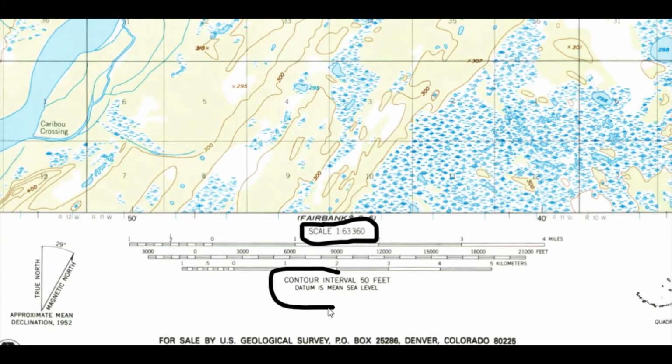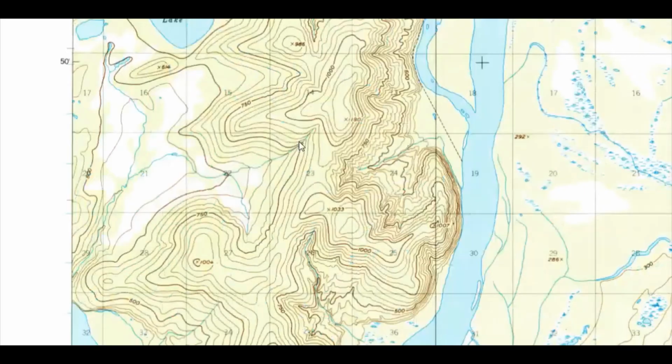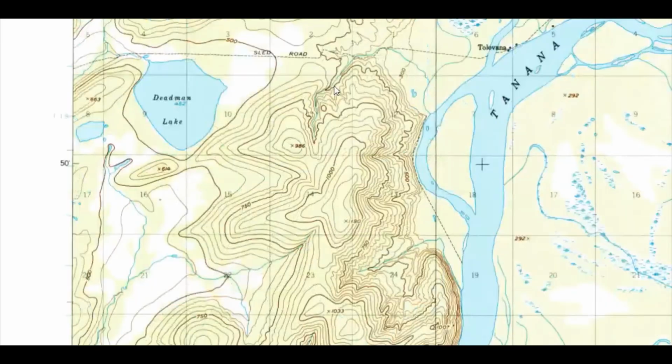Also down here, notice that we have our contour interval is 50 feet. We're going to talk a little bit more about that right now. Let's just go ahead and take a look at part of our map. Over here, as you can see, there's lots of lines. And if you look, this one here says 750.